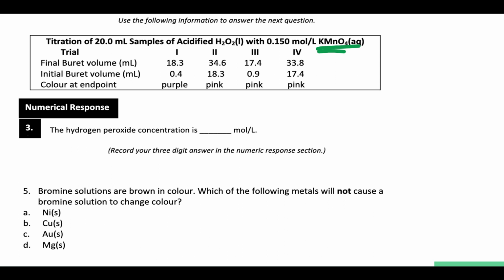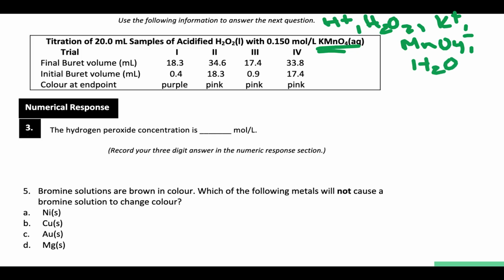So you take a look at what's reacting. It's acidified, so you have hydrogen ions present, you have H2O2, and you have permanganate, the potassium ion. You would also have MnO4 and water present. So we have everything that's listed.